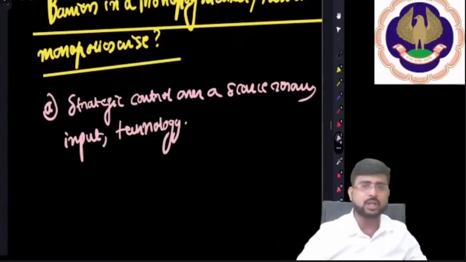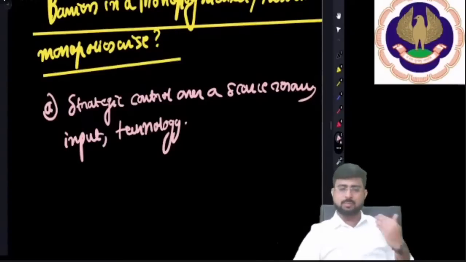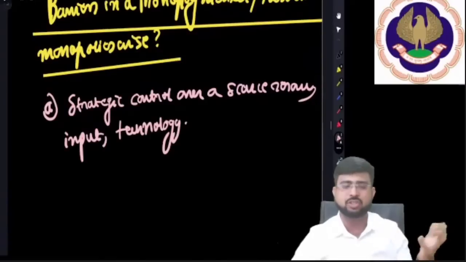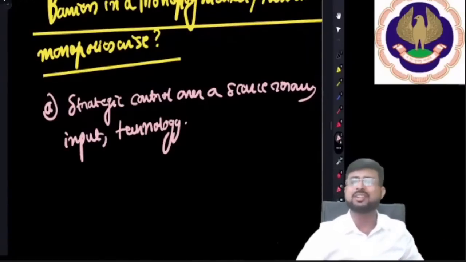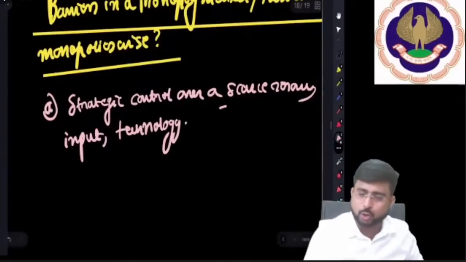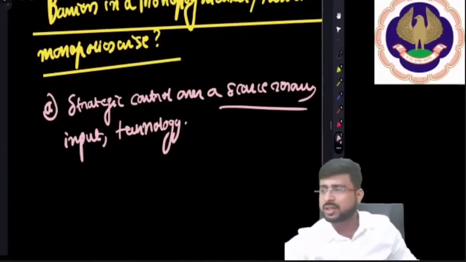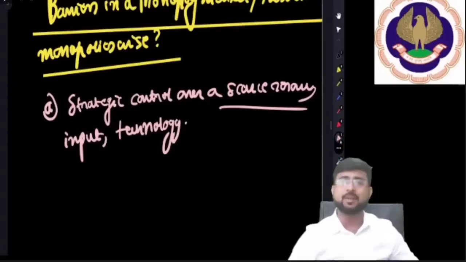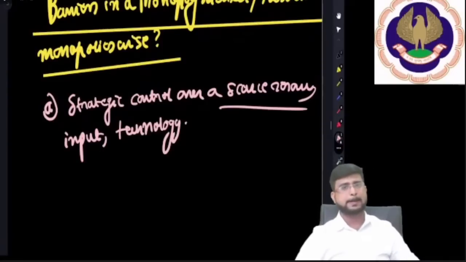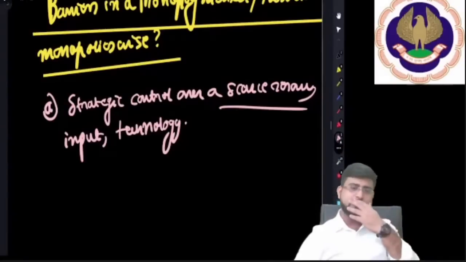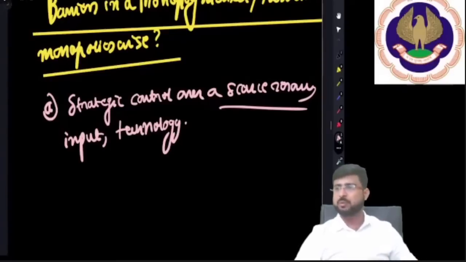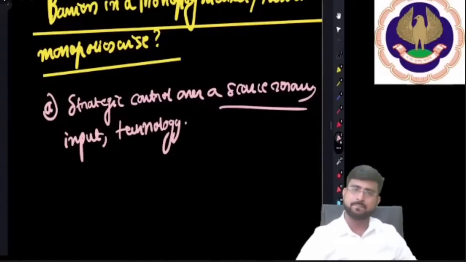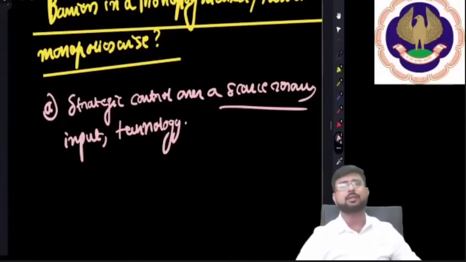Now for somebody to come into the market and be as big as Jio is a very difficult thing to do, because Jio has control over a scarce resource, which is the technique, the input, the technology that they have. Not many possess it. Because of the strategic control over such technology, Jio is able to command a significant share in the market.